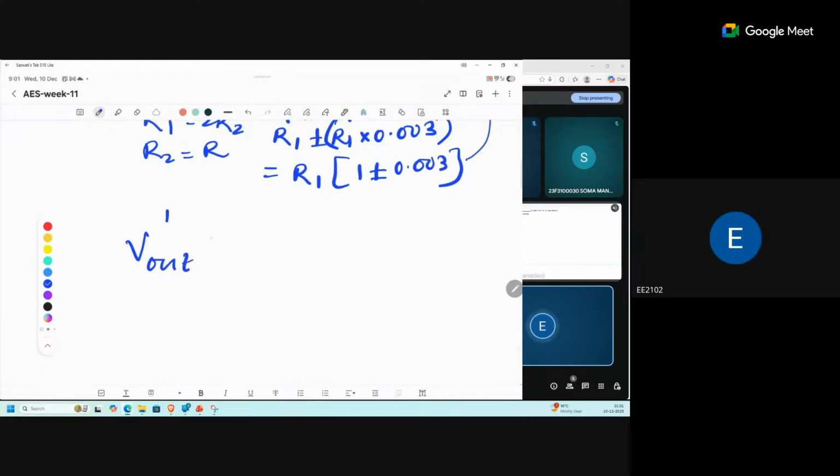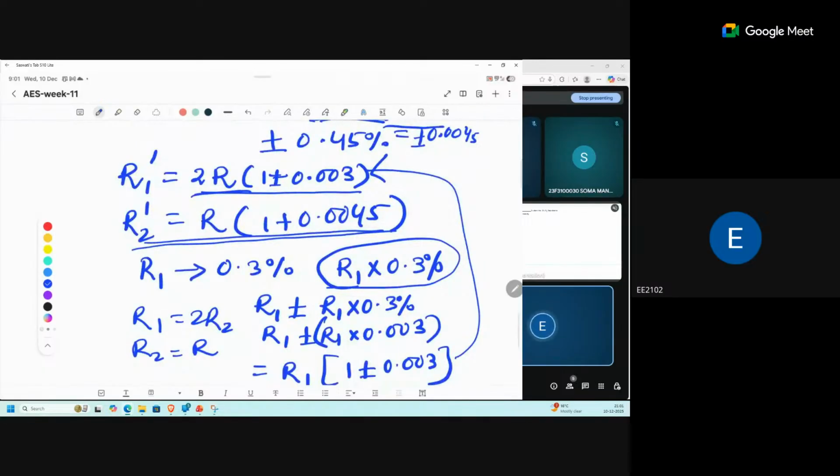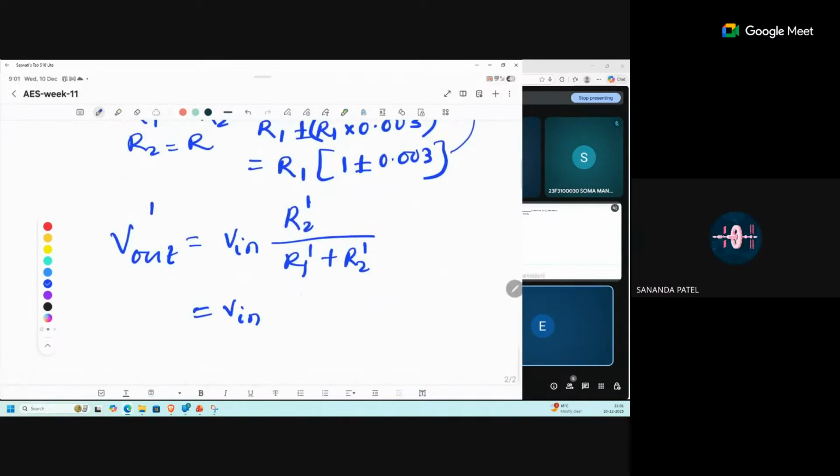New V out dash I can write as V in times R2 dash over R1 dash plus R2 dash. Then V in times R2 dash is how much? Here 1.0045 R. Yes, ma'am.